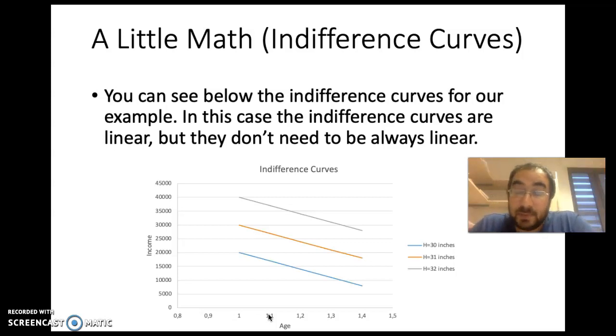A slope might be more steep when, in order to compensate the 1 unit change in the x variable, the variable represented by the horizontal axis, you need a higher amount of change in the other variable, which is the y, the variable represented by the y-axis in our case.